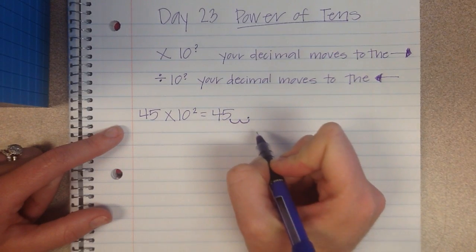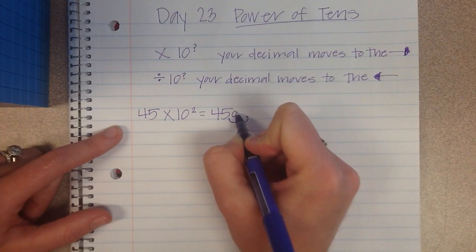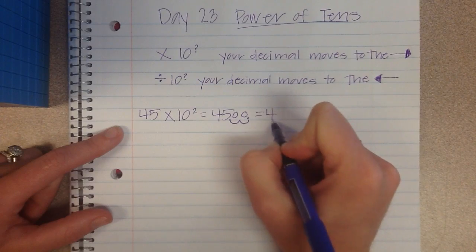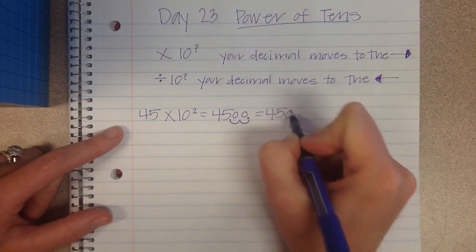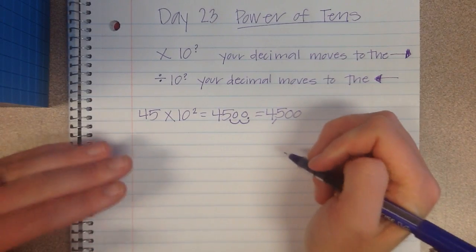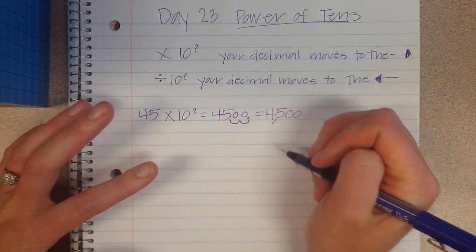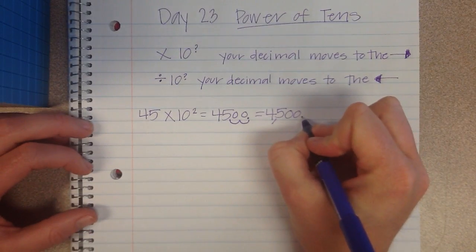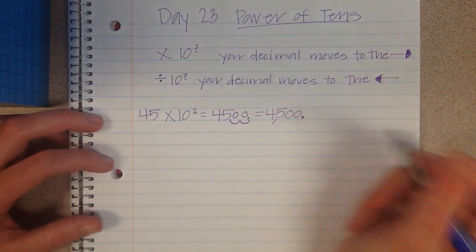Where your decimal ends is your new answer, and you're going to fill those up. So now your new answer is 45 and 2 zeros, so 4,500. You do not have 2 zeros, or you don't have 2 decimals. So your decimal, the one you keep is the one where it ends.